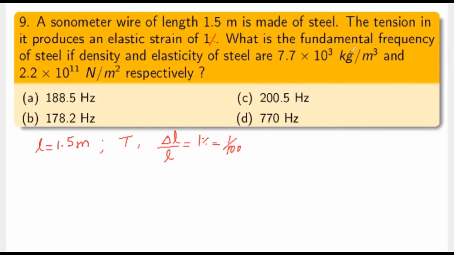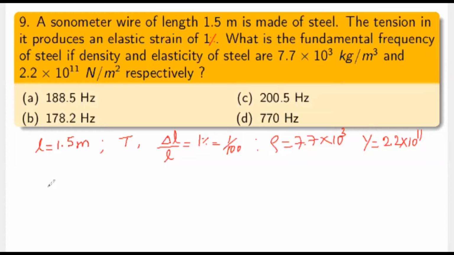What is the fundamental frequency of steel if density and elasticity are given? So density rho is 7.7 into 10 power 3, and elasticity, that is Young's modulus, is 2.2 into 10 power 11 with the proper unit.